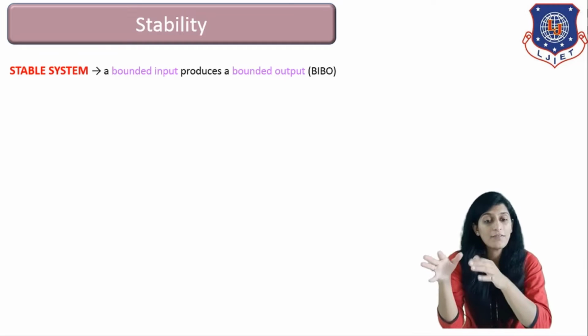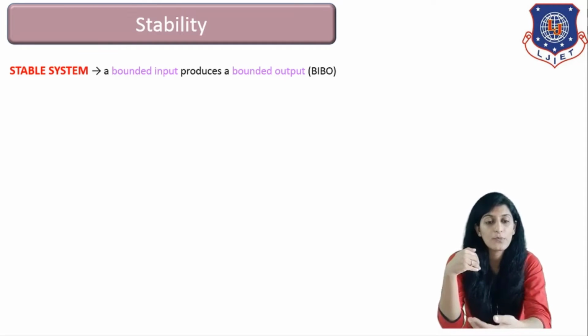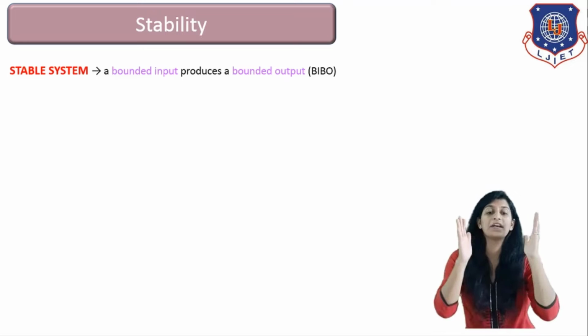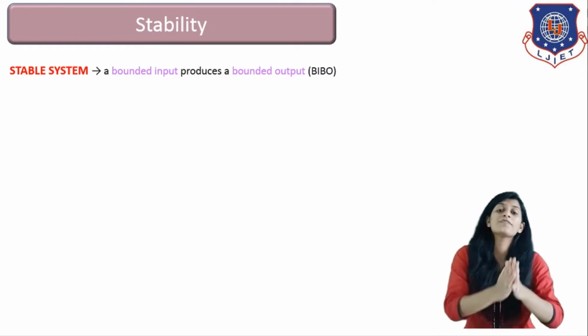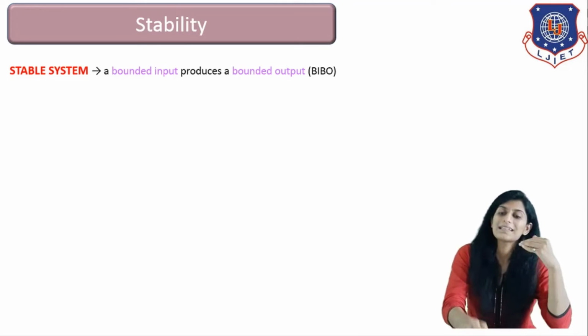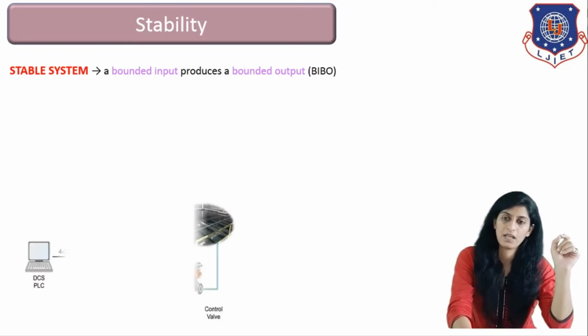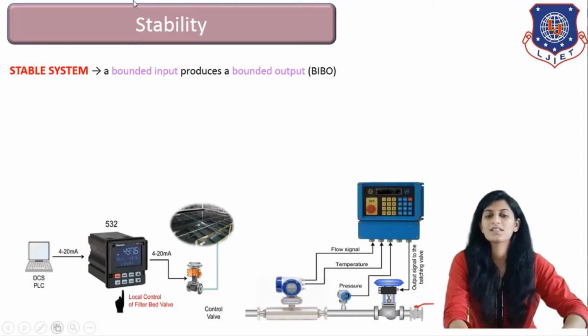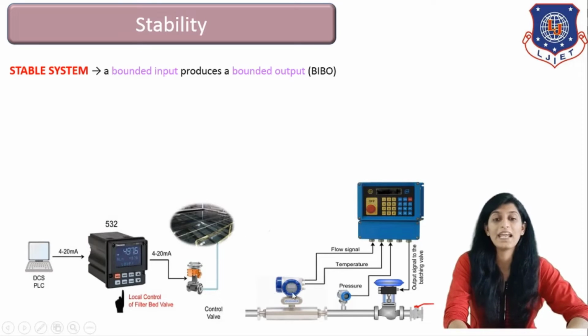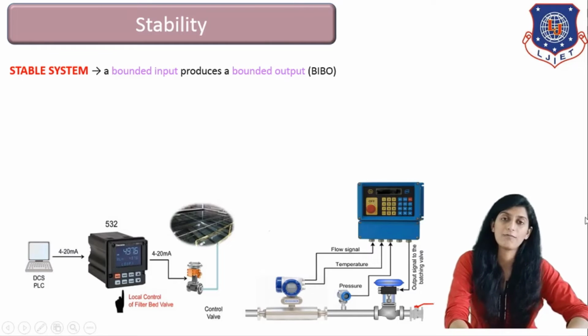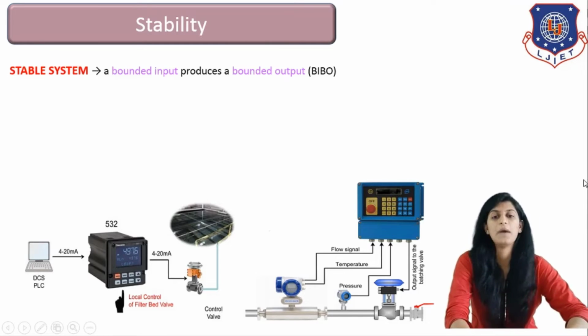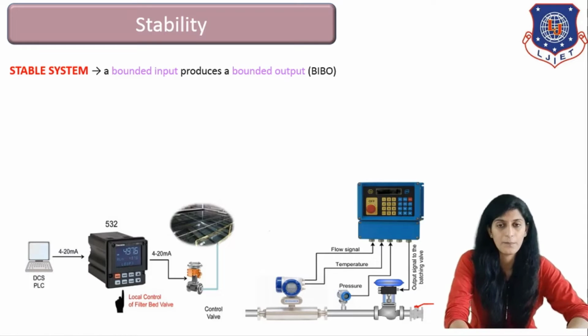Whenever we give input and expect output in a particular range, and that is fulfilled, such systems are termed stable systems.